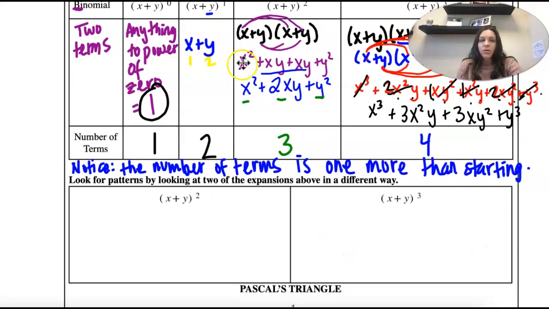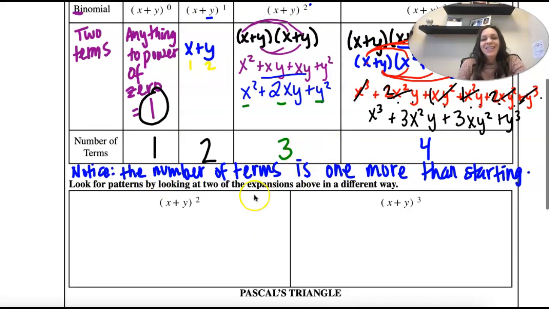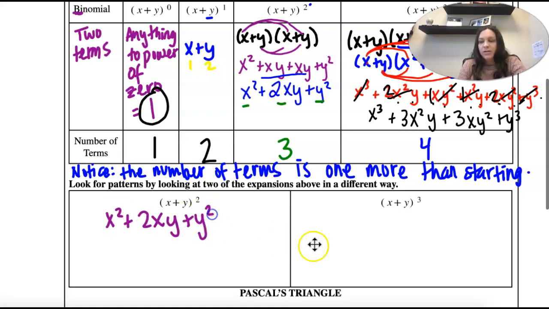Okay, so look for patterns in a different way. And I'm just going to kind of show you the pattern so you can see. Okay, so x plus y squared is what we did right here. It's x squared plus 2xy plus y squared.